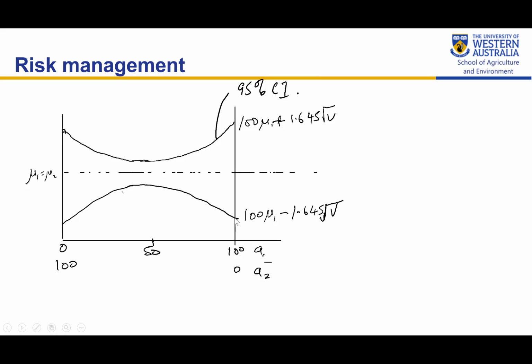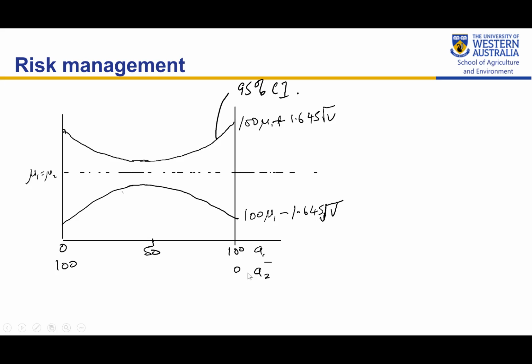So and if we represent it using confidence intervals, then it looks like this. So that if we have 50 hectares of both of the two crops, then the confidence interval is narrowest at that point. If you planted all of crop 1, then you'd have a very wide confidence interval.